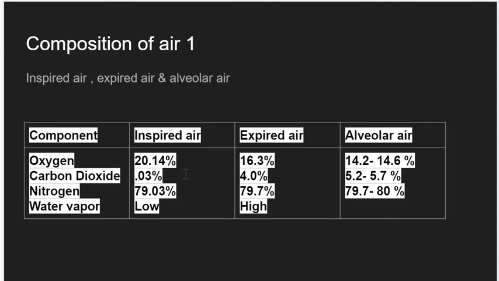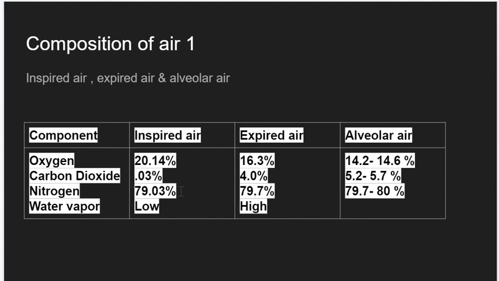We are releasing a high amount of carbon dioxide in comparison of the air we inhale. Okay, so we consider that we mainly exhale carbon dioxide. Now, nitrogen 79.03 to 79.7%, and even it could vary because nitrogen as such during the process of respiration doesn't decompose.